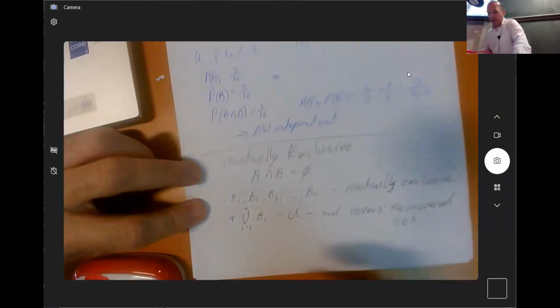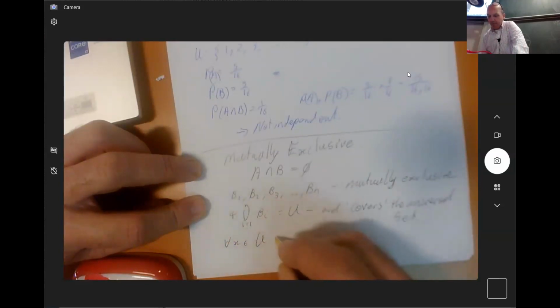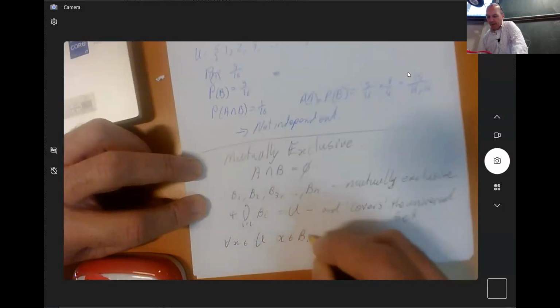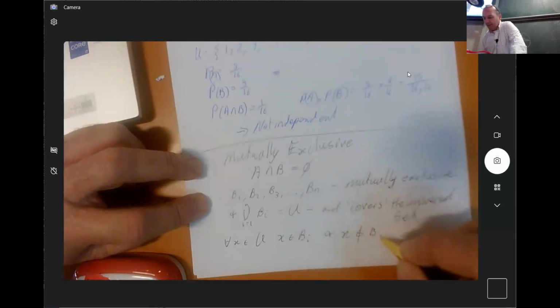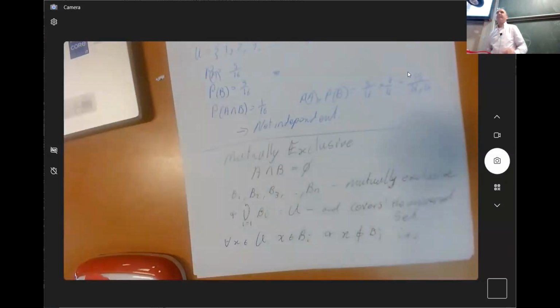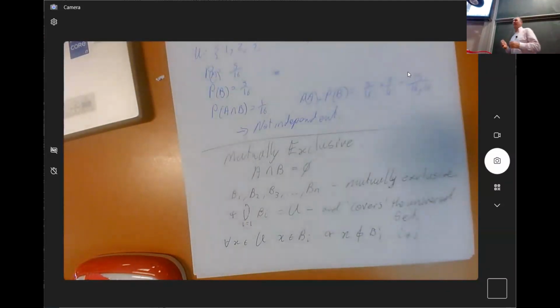We could say it a little bit more clumsily: for all x in U, x is in Bi, and x not in Bj, i not equal to j. So we're saying for every x in the universal set, it's in one of the Bi, but only one.